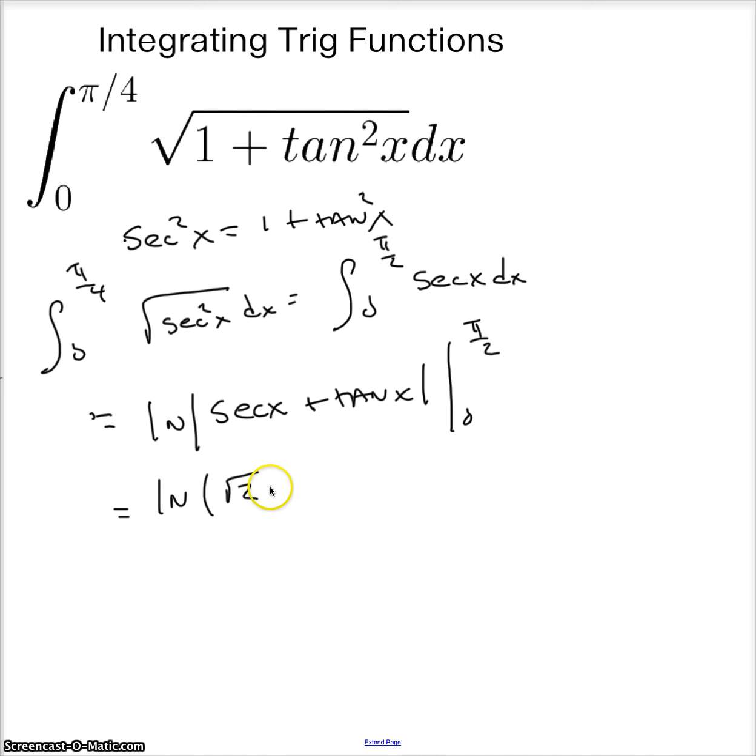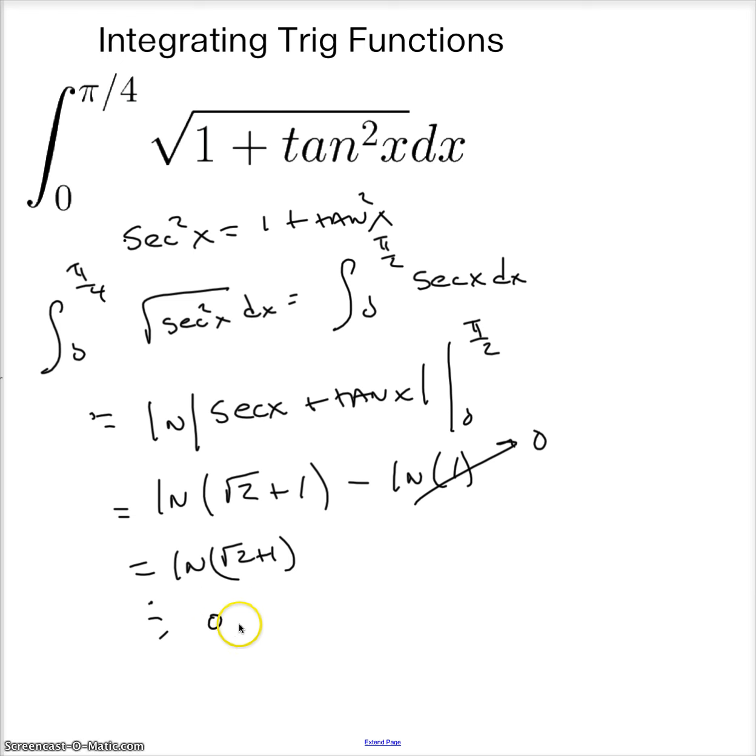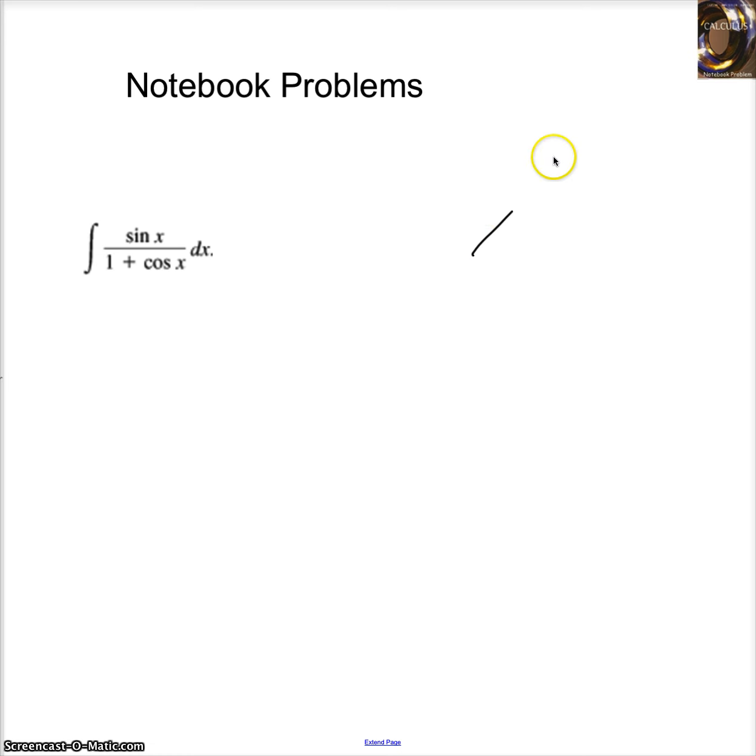Square root of 2 plus 1 minus the natural log of 1. That's 0. So this is just the natural log of the square root of 2 plus 1. All right, you can put this in decimal form. Again, give it to 3 decimal places, 0.881, if you put this in your calculator. Give it a go. See if you can do this one.